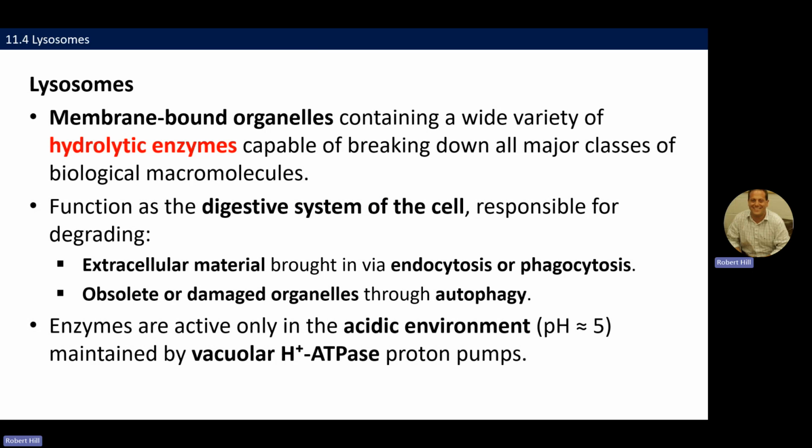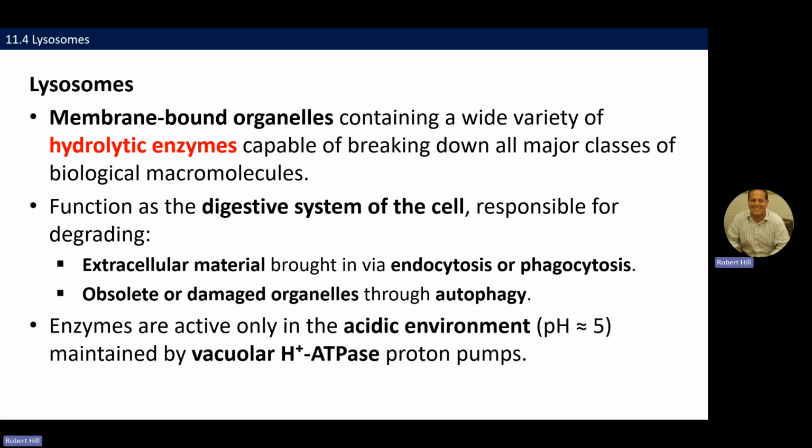So these lysosomes can actually get quite big and quite abundant in cells. And this process of breaking down damaged particles within the cell is called autophagy. Autophagy means, I think it's Latin, might be Greek, I don't know, self-eating, okay?